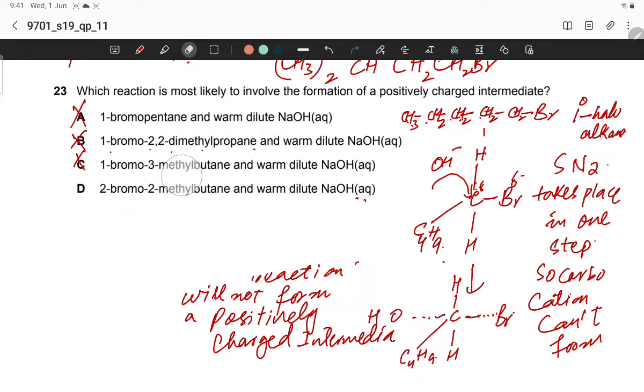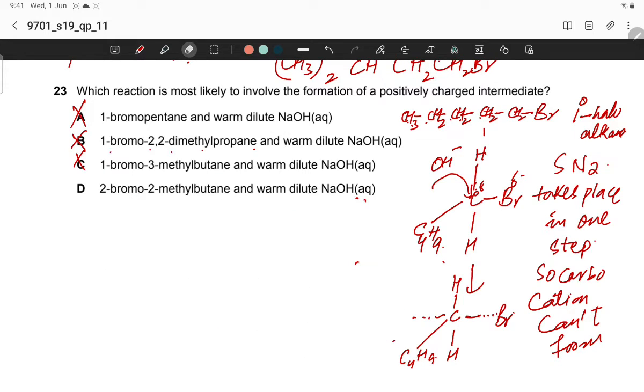So D must be correct because 2-bromo-2-methylbutane, 2-bromo 2-methyl CH2CH3.